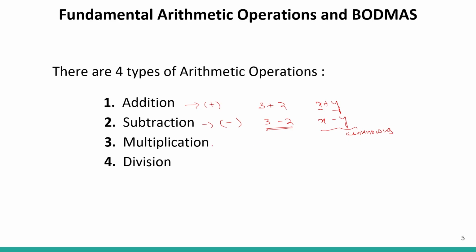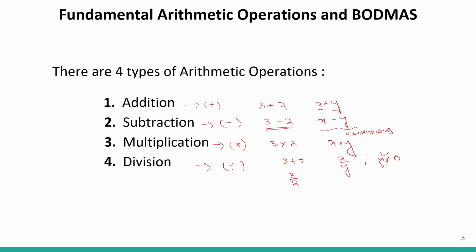The third is multiplication: 3 into 2 and x into y. And the fourth is division: 3 divided by 2, or we also write this as 3 by 2, and x by y, given that y is not equal to 0, because we can't divide any number by 0; it will become undefined.